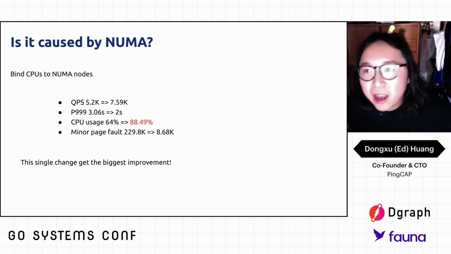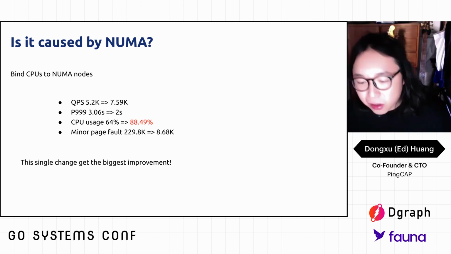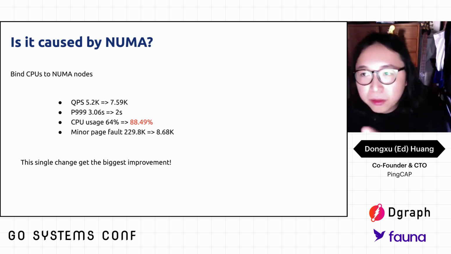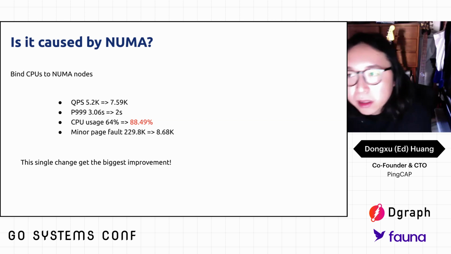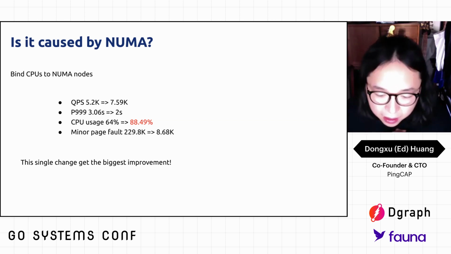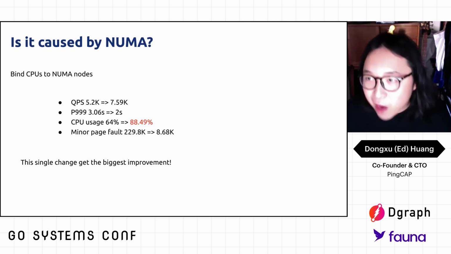Because this machine has a lot of CPU cores, we separated the TiDB process into many separate processes and dedicated specific CPU cores to each process, and that works well.